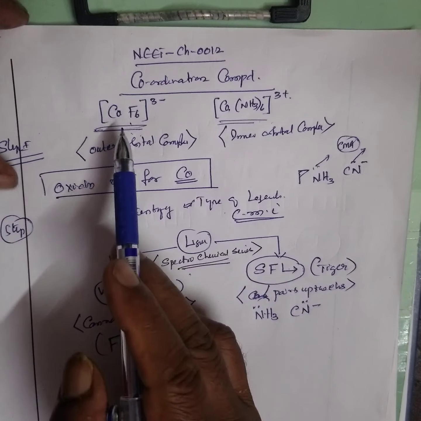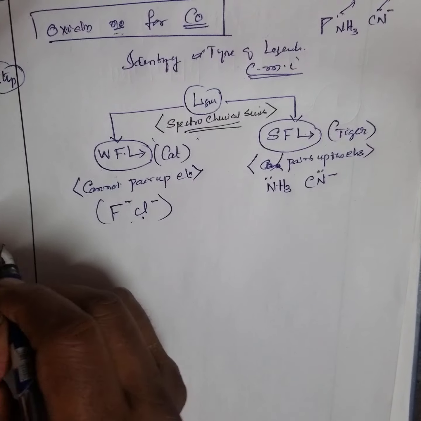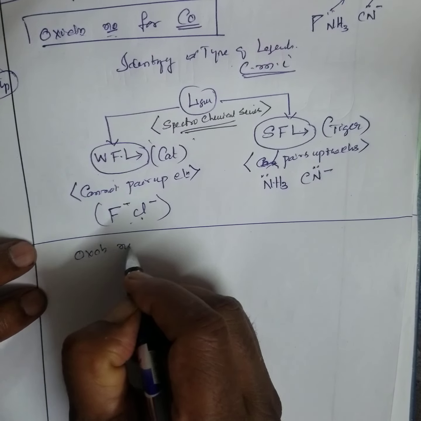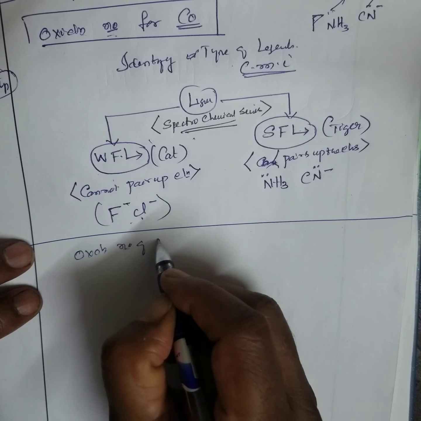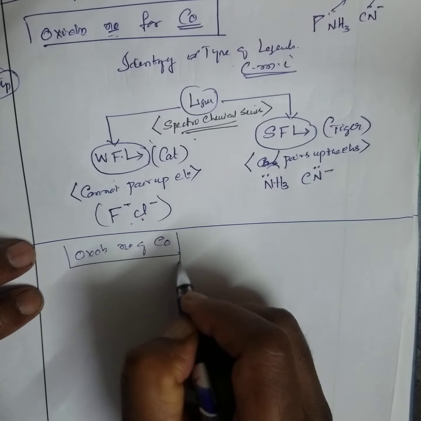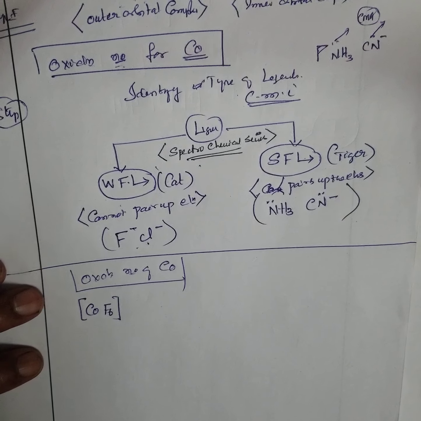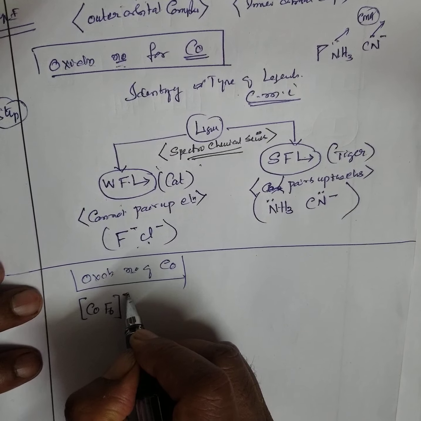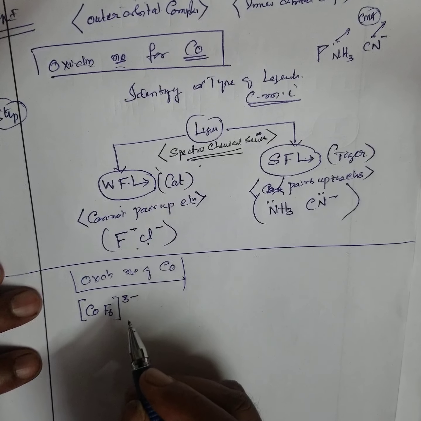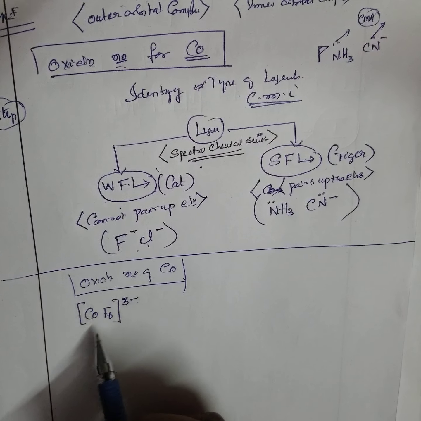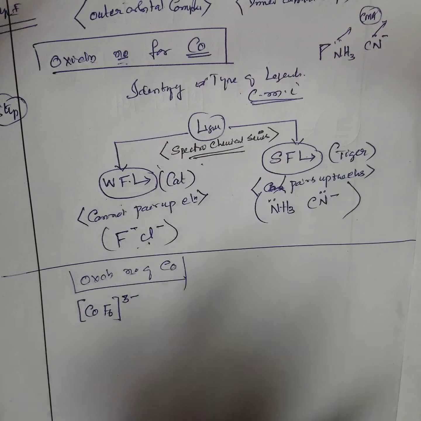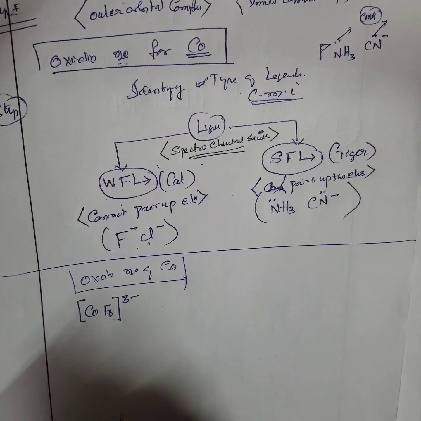First, find out the oxidation number of cobalt. See, the cobalt hexafluoride ion. Now we have to find out its magnetic property, hybridization, and what type of complex. That is the question. How to start?